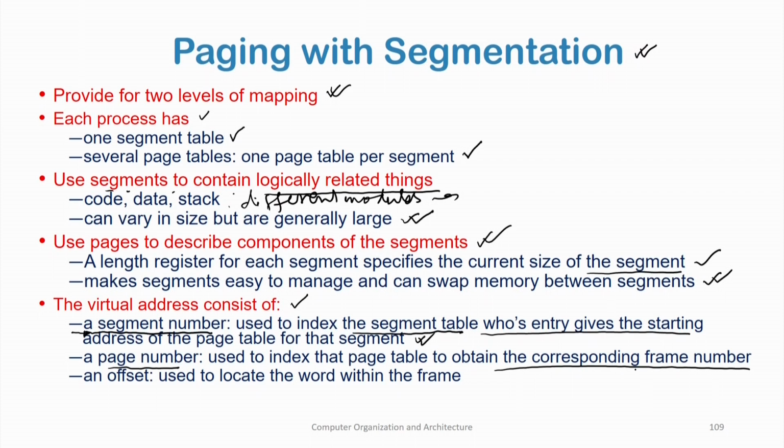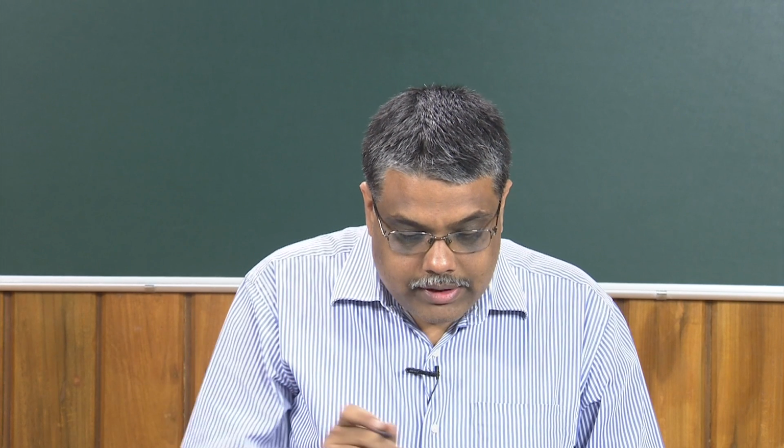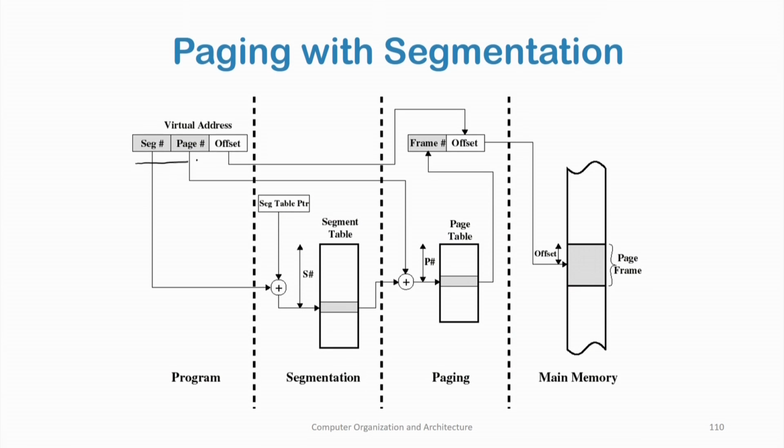Now, the page table entry tells me which physical page frame contains my data corresponding to the virtual page number that I have. Then the offset tells me, as before, where within that physical page frame my required data is. So, the virtual address now consists of three parts: segment number, page number and page offset.